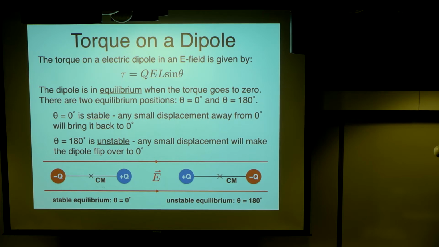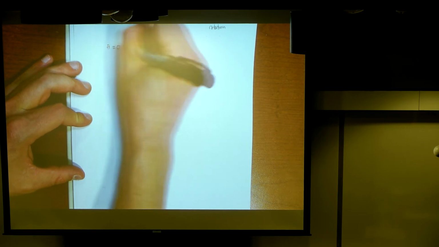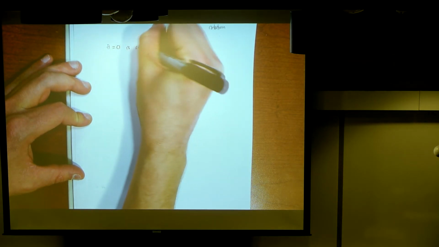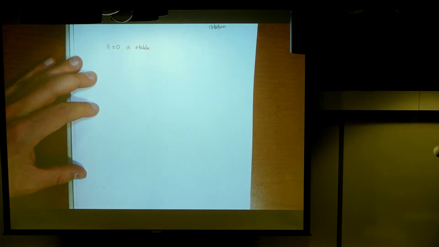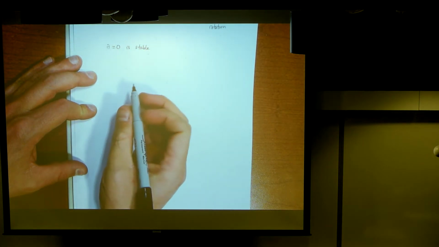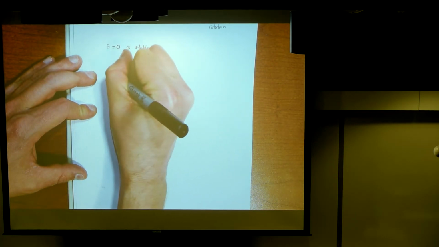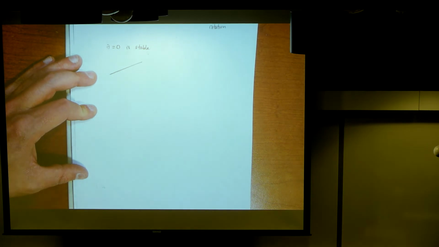So, let's draw some pictures here. Okay, so I'm claiming that theta equals 0 is stable. That means, as we said, if I get slightly away from theta equals 0, it's going to go right back towards theta equals 0. So here's what that looks like.